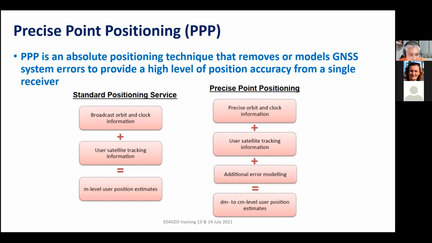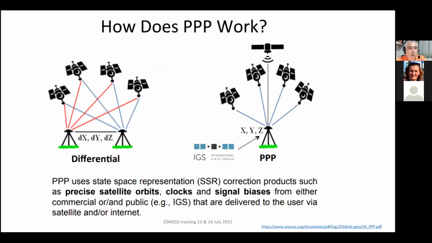This is needed in order to assess or model the errors. This is why I showed you those slides related to error sources. Combined, the precise orbit and clock information, the user satellite tracking information and additional error modeling give us decimeter to centimeter level user position estimates. Centimeter level is much better than meter level, and it could be used for assessment of earthquake effects.